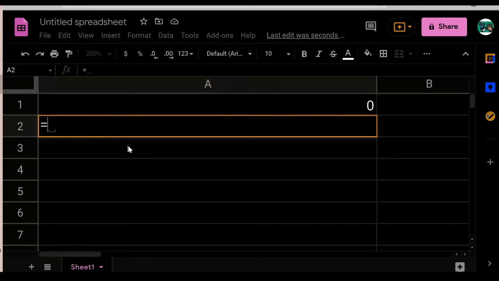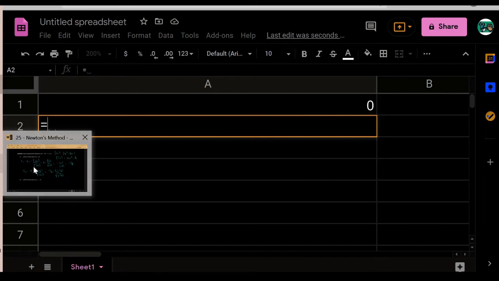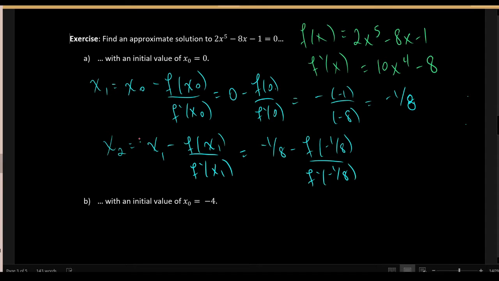Okay, so for example, in our calculation, to get from x0 to x1, we had to take x0, subtract f of x0, and divide that by f prime of x0. So I'm going to try and take this formula here and type that into Google Sheets.